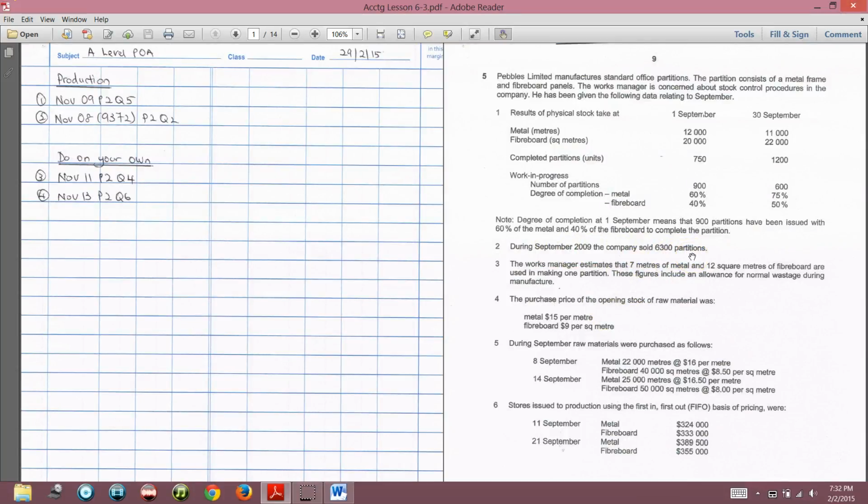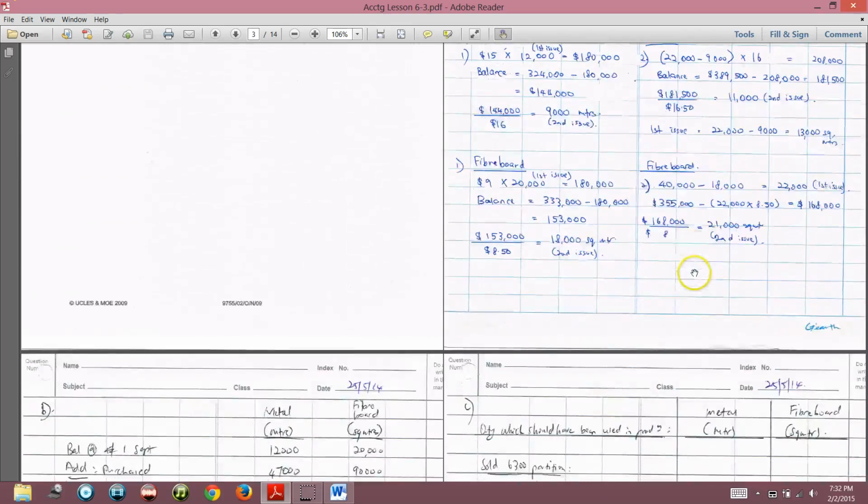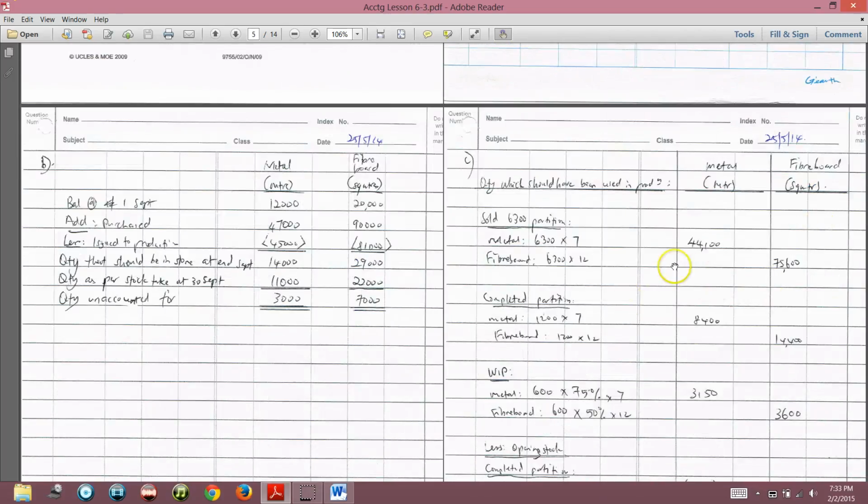So the production manager will tell his boss, the partition that is sold will go out from the production department because it is sold. So whatever is sold will go out. Those that go out would have consumed the metal.